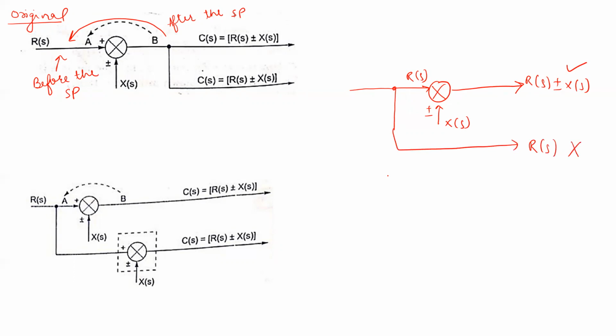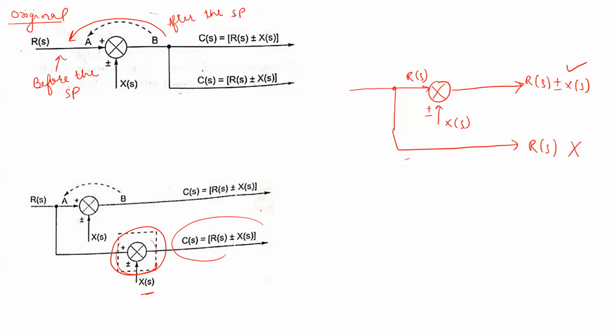So we need to have Xs here. So what we have done is we have simply added a summing point in the branch, adding Xs in the same summing point, right? So we got this one. This is the change that we make in the original representation while solving a block diagram using block diagram reduction techniques.